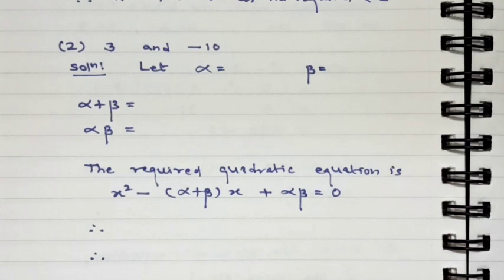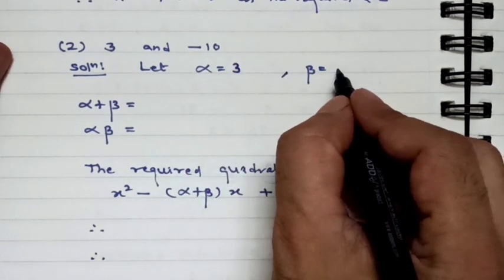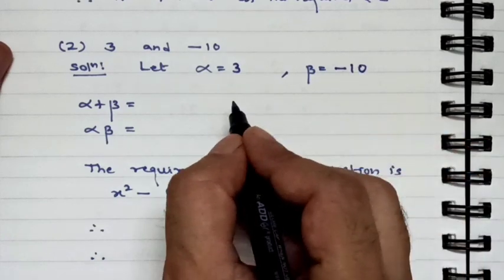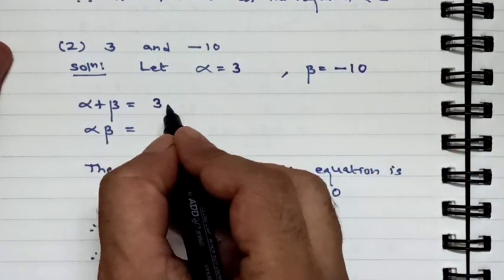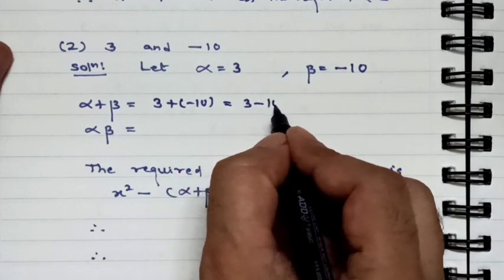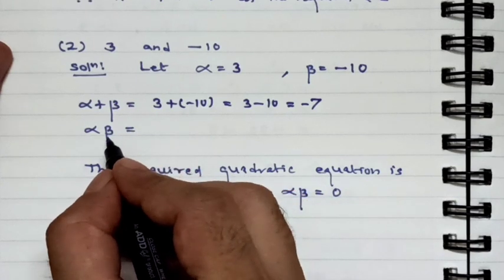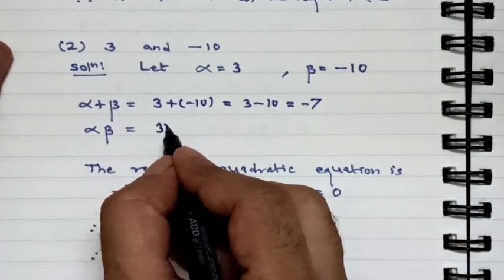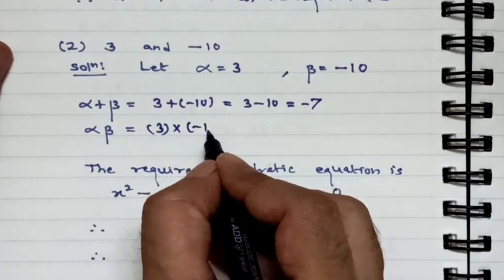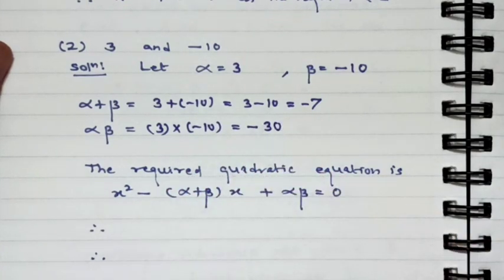Second question, 3 and minus 10. Let alpha is equal to 3 and beta is equal to minus 10. Then alpha plus beta will be equal to 3 plus minus 10. That means 3 minus 10, which will equal to minus 7. When you have to find out alpha into beta, you have to multiply 3 with minus 10, which will give you minus 30. Now how to write the quadratic equation?